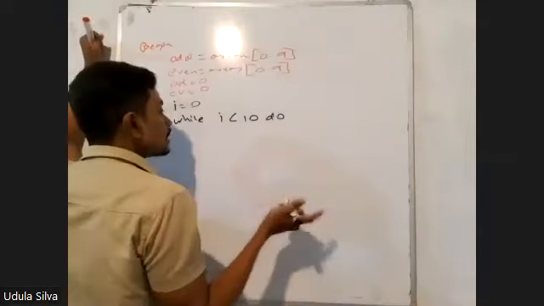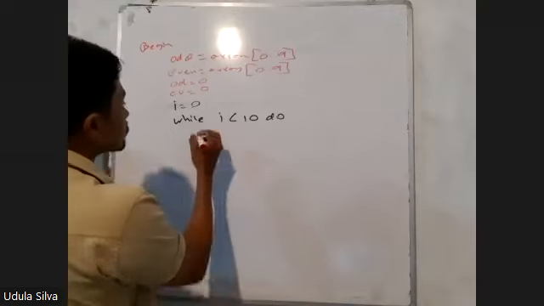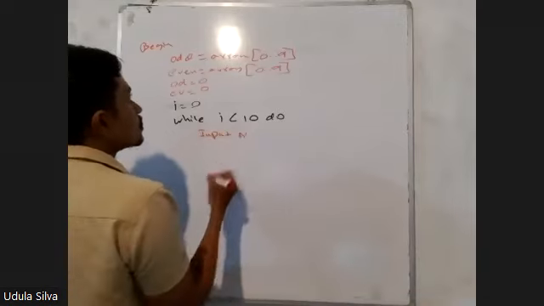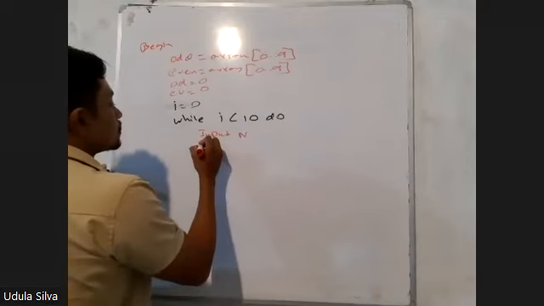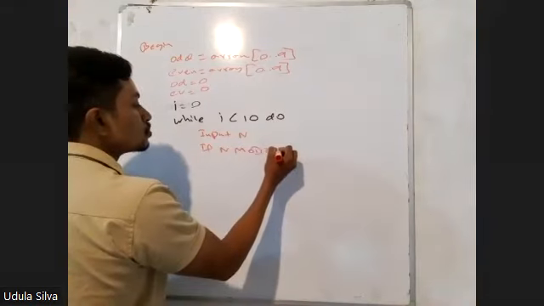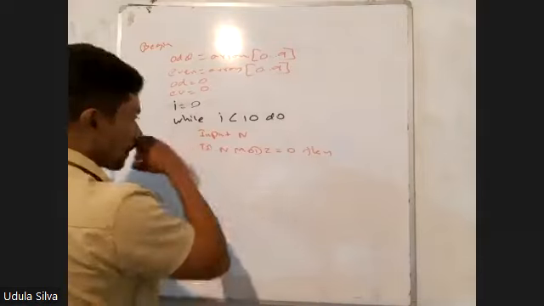While I less than 10 do what? Input n number. If n mod 2 equals 0, then what?